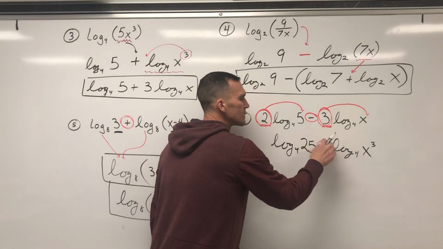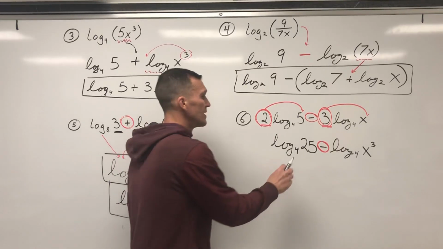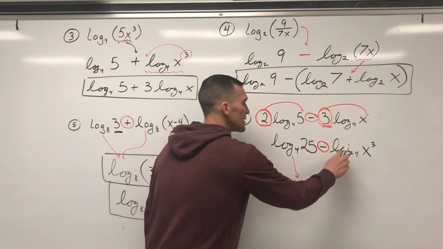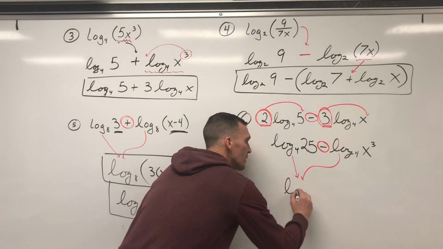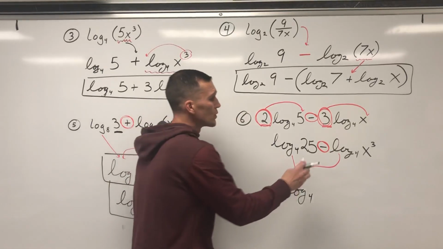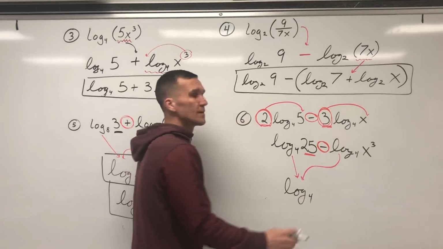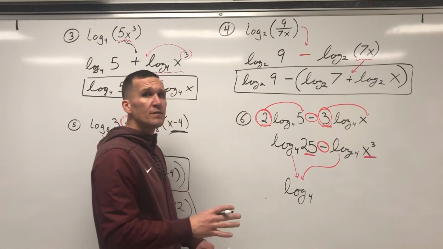When you have a minus sign in between two logs, it can condense to be just a single logarithm. So I have log base 4, but I have to make sure I know what to do with his argument and his argument. And the quotient property states that you have to divide them.